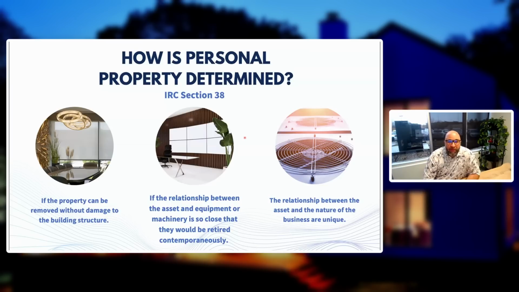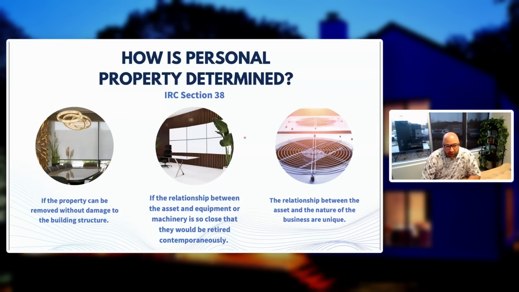Sometimes it can be as much as 50% of the electrical that's coming in, or electrical work that is put into a building is specific for short life assets. And so that's what we do in our cost seg studies. We identify and say, okay, what's the value of that electrical work going to the washer and dryer? What's the value of the electrical work going to the dishwasher? And we get to depreciate that over 5 years versus 27 and a half.